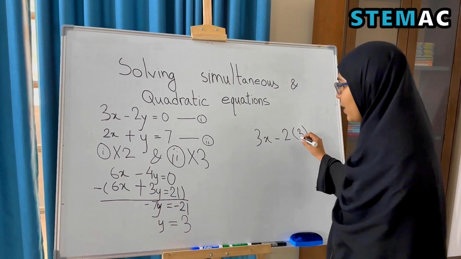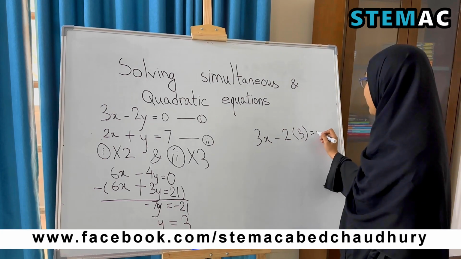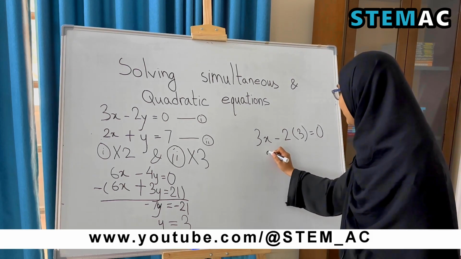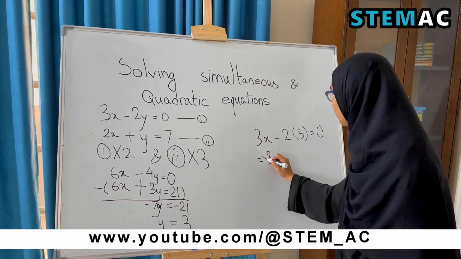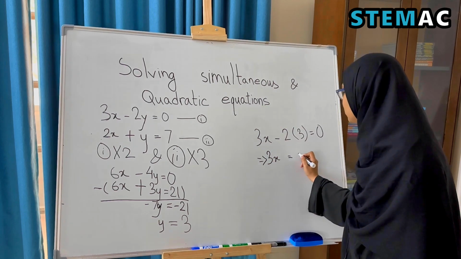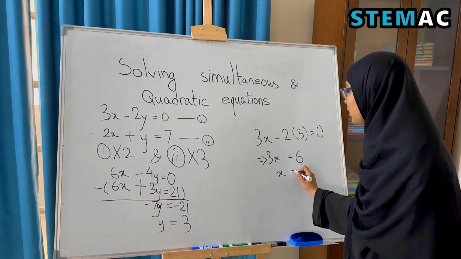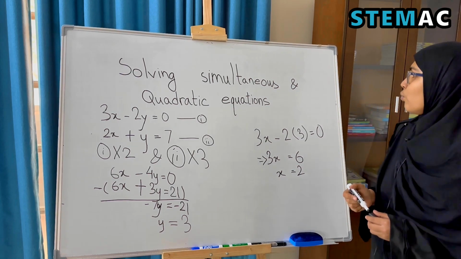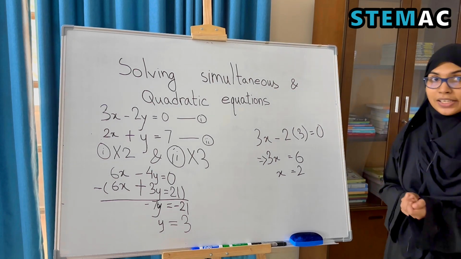I'm putting the value of y instead of y. 3x equals 6, x equals 2. So that's how we solve simultaneous equations using the elimination method.